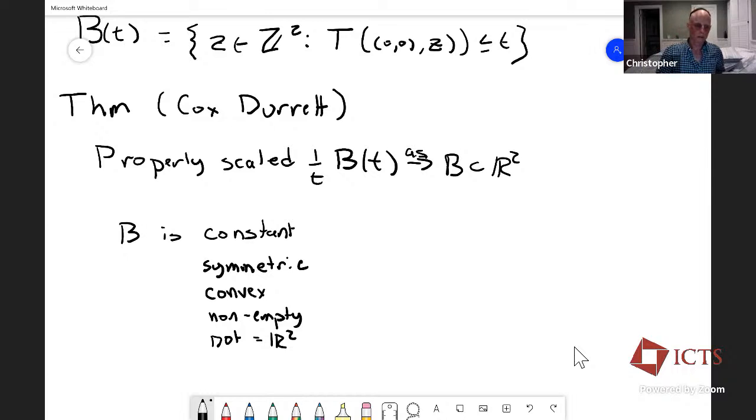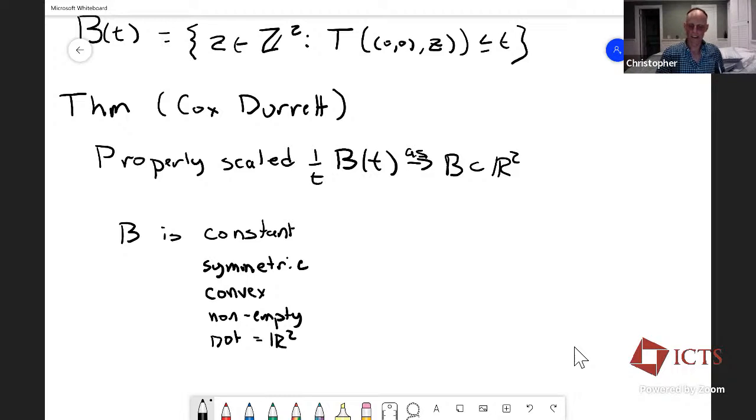So this set B is very mysterious. The Cox-Durrett theorem is from the mid-70s, I believe. And we still don't know anything. We have learned essentially nothing about this, not just for this one particular distribution, but for almost every distribution, very, very little about this set B in the last half century.